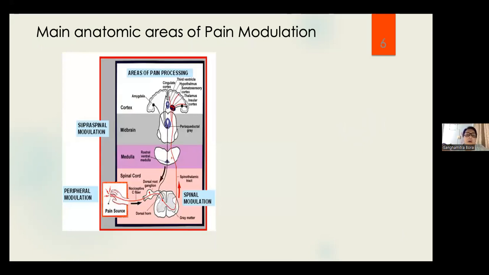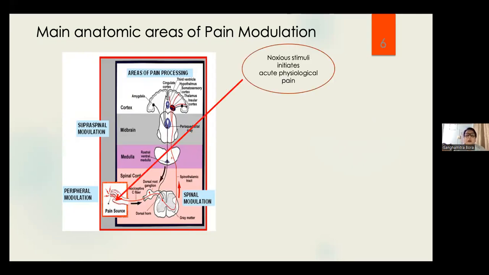But now we know that there are areas of pain processing and areas of pain modulation also. As you can see in this picture, there is a pain source, perhaps doing some insult to the finger of the hand.